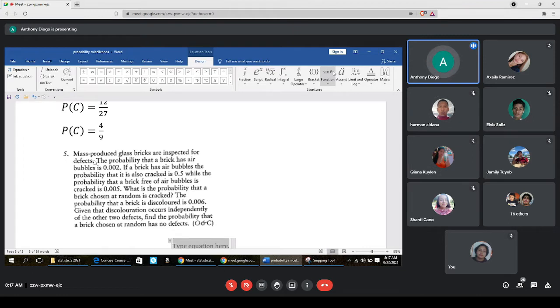Okay, so we are looking at air bubbles, cracked, and at the end we will be tying discoloration along to this problem. So we're going to be looking at A, the event that a brick has air bubbles.